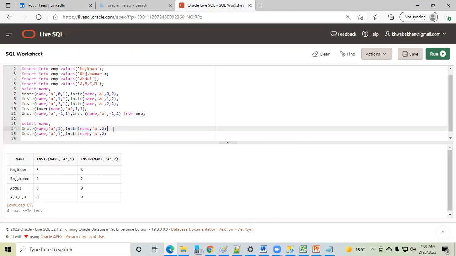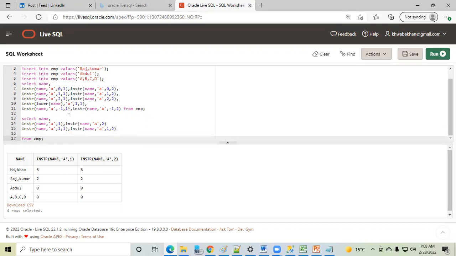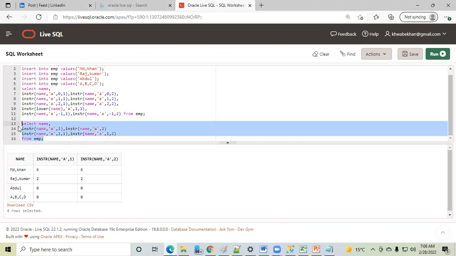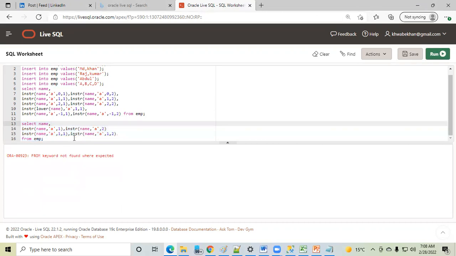Right now I have just shown you that the outputs of this one and this one are exactly the same. I need full concentration here. Try to understand, observe the output, what is happening. From keyword, not font. Okay, I missed this comma here.